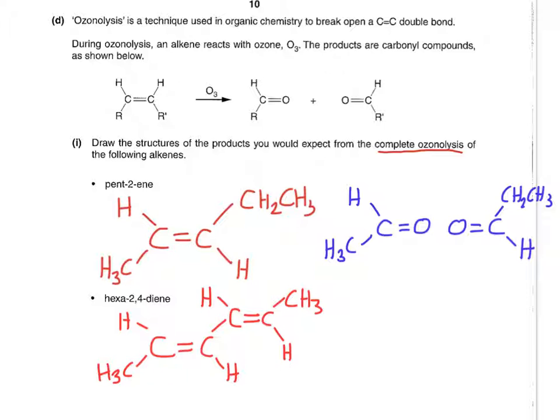The second one is a little trickier. If you remember, we needed 2 moles of ozone for a diene, didn't we? So let's start from the left-hand side of the screen. Essentially what's happened now is we've taken care of this part. But what we've got to do now is think about what happens over here.